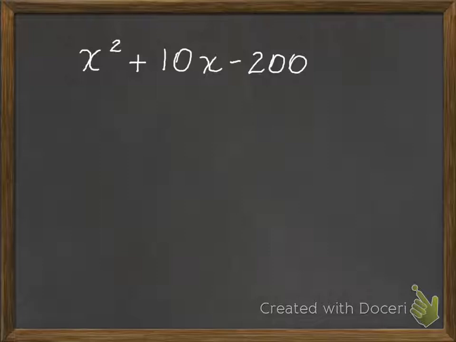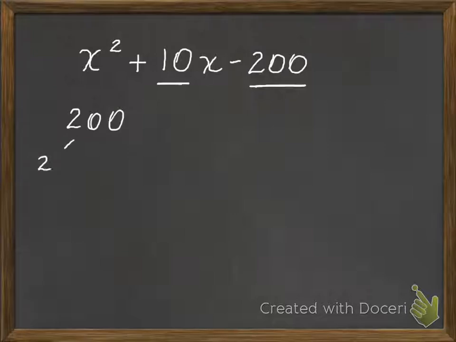Now let's factor x squared plus 10x minus 200. Finding those factors of c that sum to give us b isn't as obvious on this one. So one thing you can do is take your c and prime factorize it.